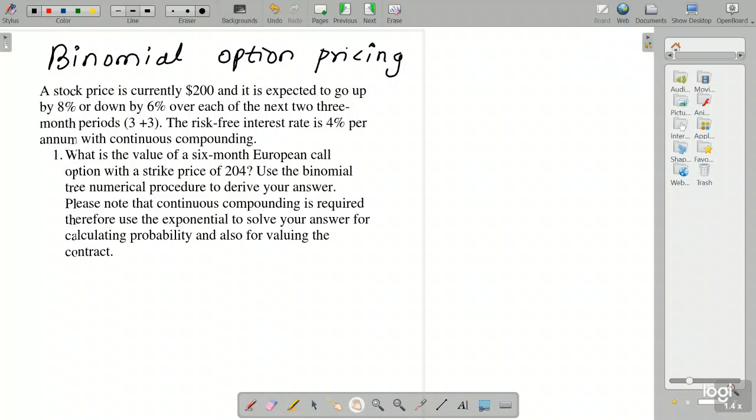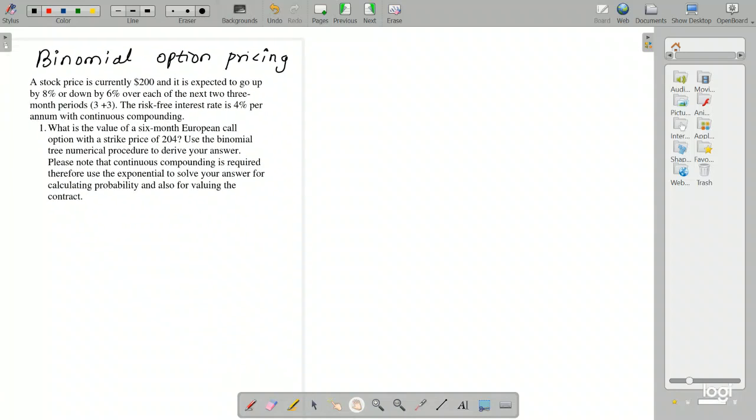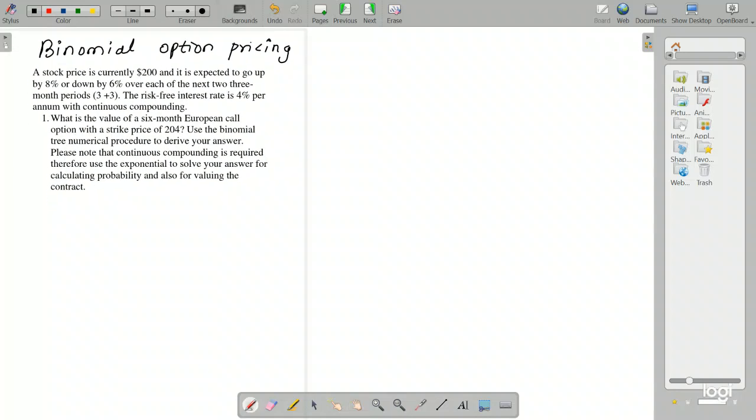The first and foremost important step in solving such a question is to write down the required information. Let me just zoom out. I will write it as given information.